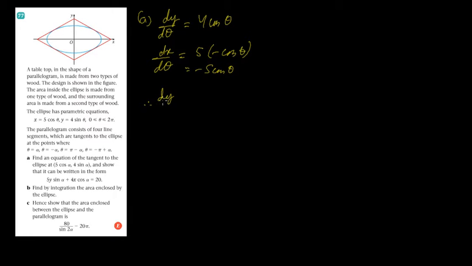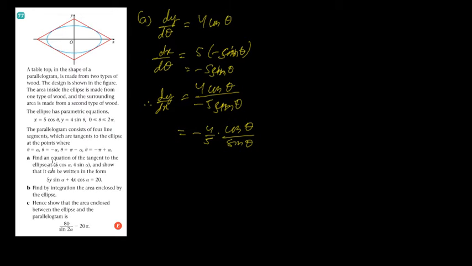So dy by dx would be dy by d theta divided by dx by d theta, so 4 cos theta divided by minus 5 sine theta, so minus 4 by 5 cos theta by sine theta.